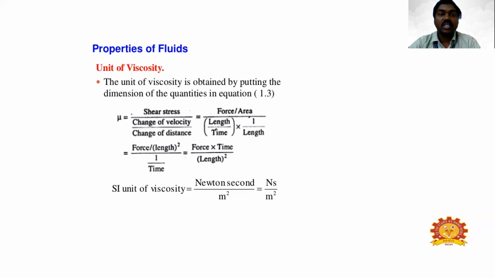The changing velocity is length by time, and the distance is length L. So we derive force by L square, divided by 1 by time, which equals force into time by L square. In SI units, viscosity is Newton second per meter square, Ns by meter square.